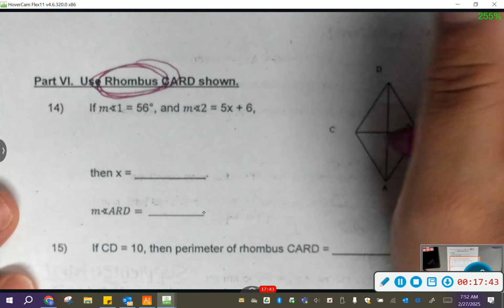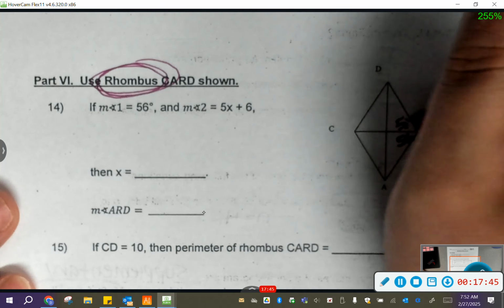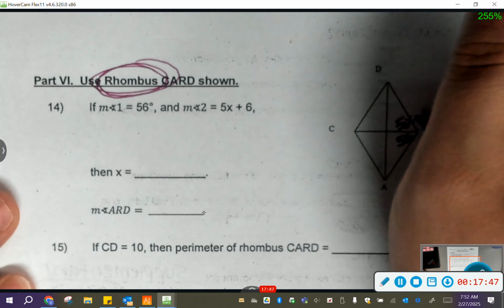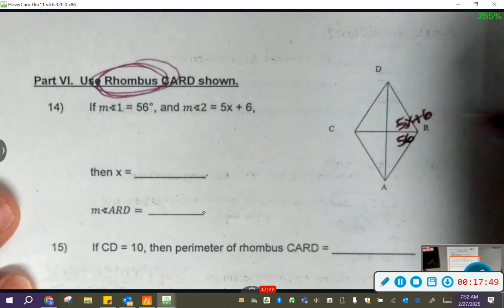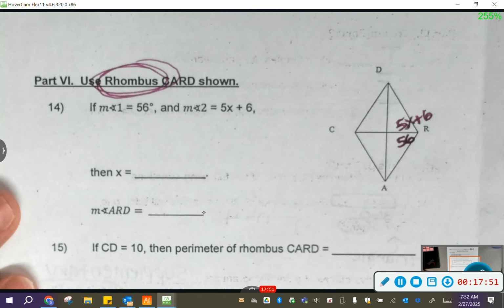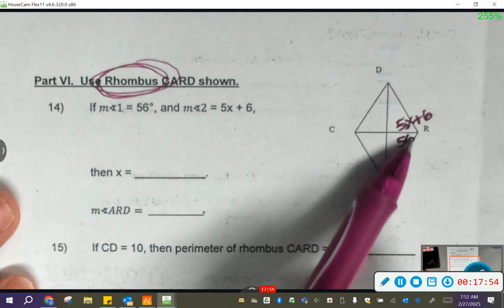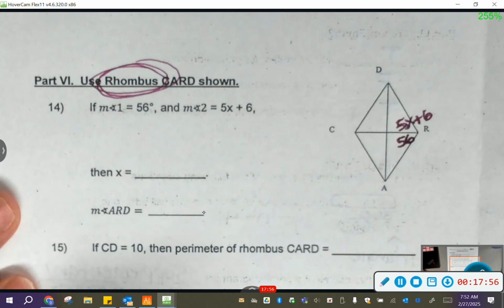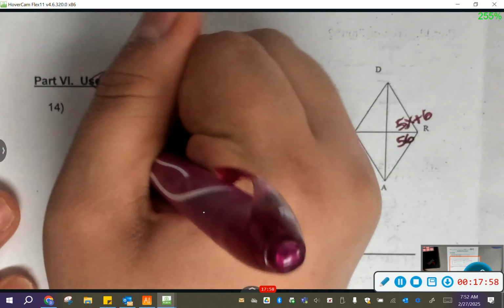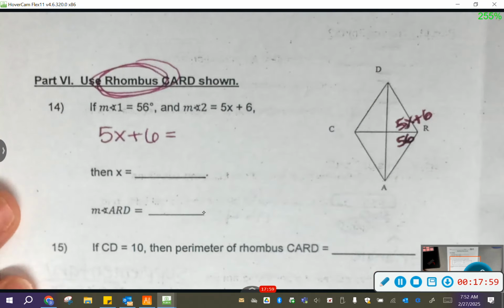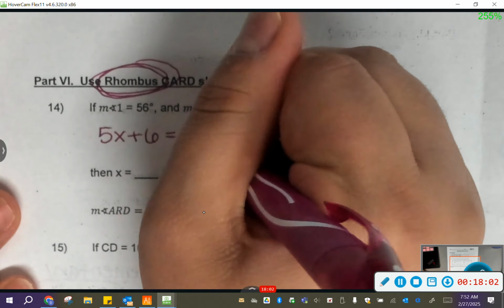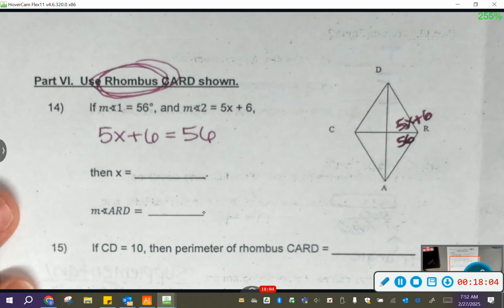Angle 2 is 5x plus 6. What do we know about angle 1 and angle 2? They're equal. So my equation is going to be 5x plus 6 equals 56.